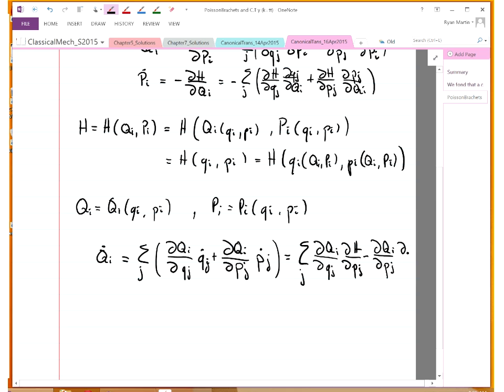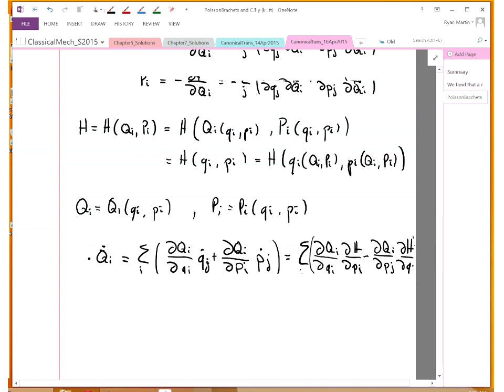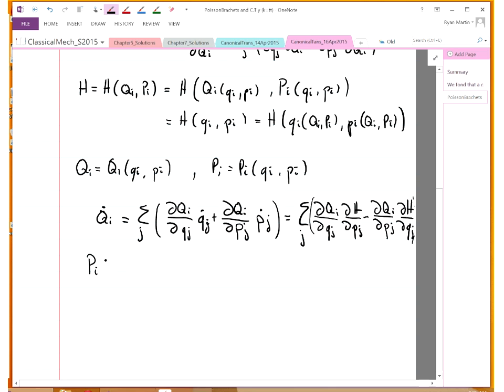Instead of qj dot, I'm going to write that as ∂H/∂pj. I have a minus sign, and I have ∂Qi/∂pj, and then the pj dot is minus ∂H/∂qj. So I already put the minus sign there. And so it's equal to that.